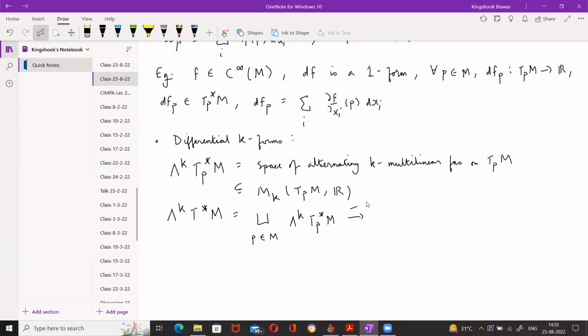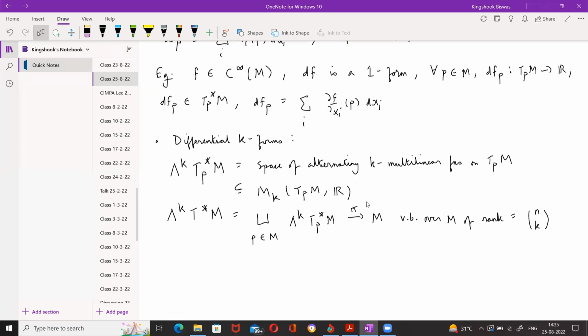This is a vector bundle over M. And what is the rank of this vector bundle? Anyone? n choose k, right? Yes, n choose k.